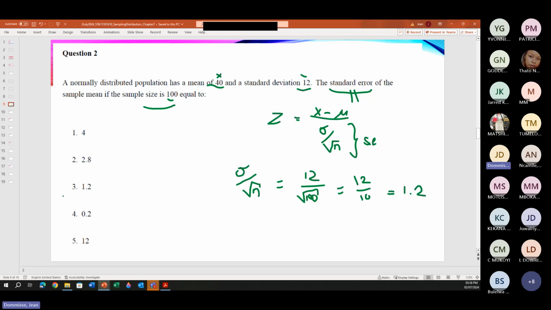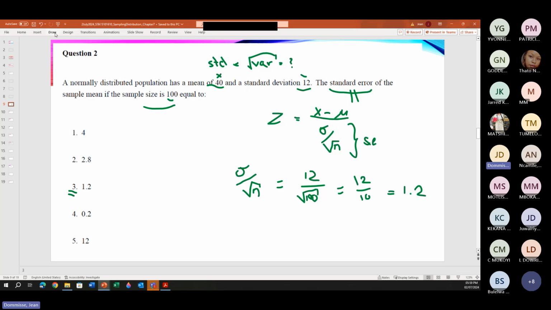The other thing that they also sometimes do is tell you the variance is equal to a number. So just remember again, if they give us variance, the standard deviation is basically equal to the square root of the variance.